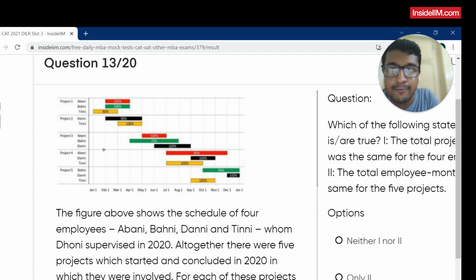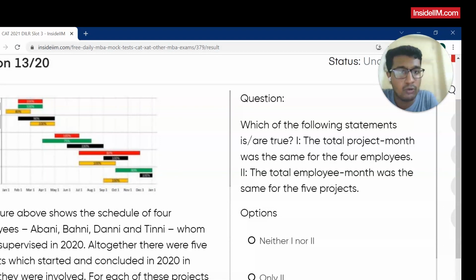For T is yellow bars. 2 plus 2 plus 3 plus 2. Okay, which gives me 9 again. And for D, the black bar, it's 3 plus 3 plus 2 plus 1, which gives me again 9. So statement 1 is true.